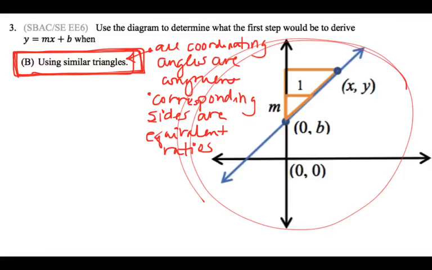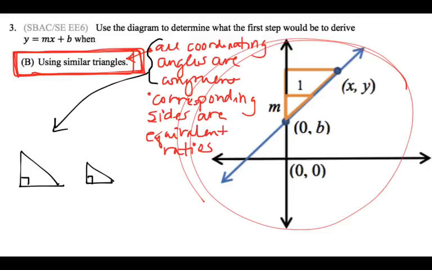Okay, so all coordinating angles are congruent. Here's what that means. If I have two triangles that I'm telling you are similar, okay, I've got right angles here. Let's say this angle was 60 degrees. That means that this angle is 60 degrees, which means this angle is 30, and this angle is 30. When we say coordinating, I mean the right angles, see how they're both on this left side here?